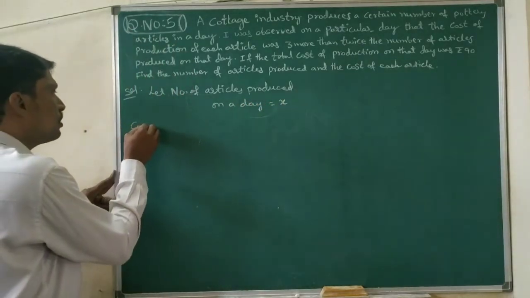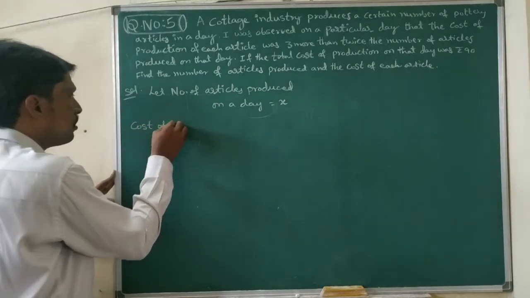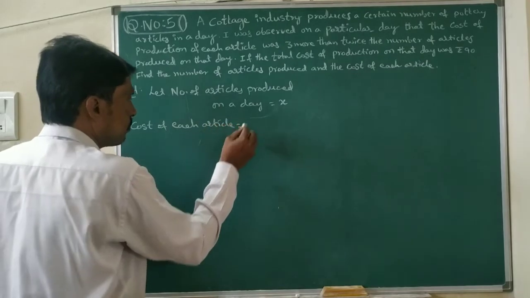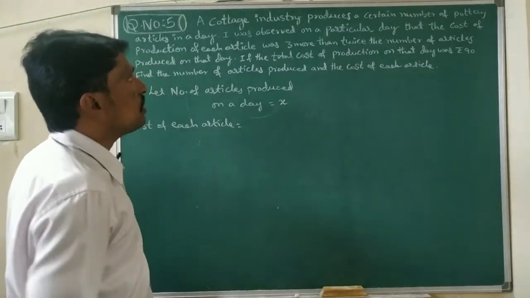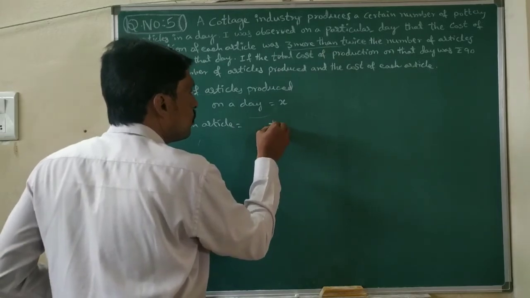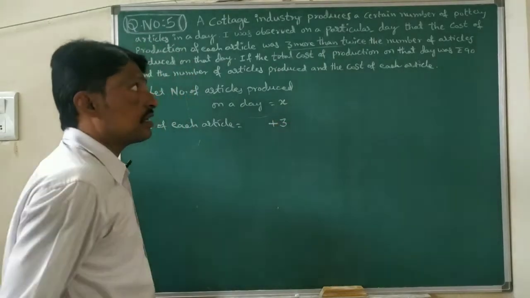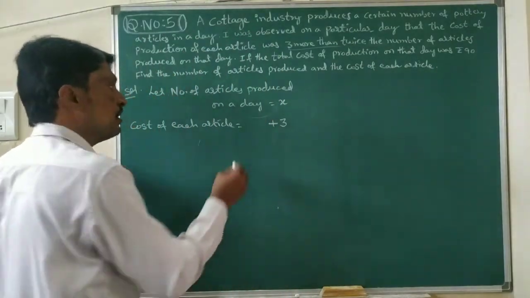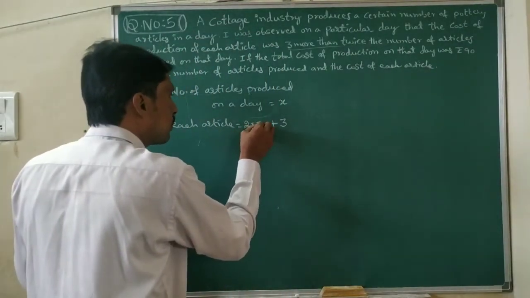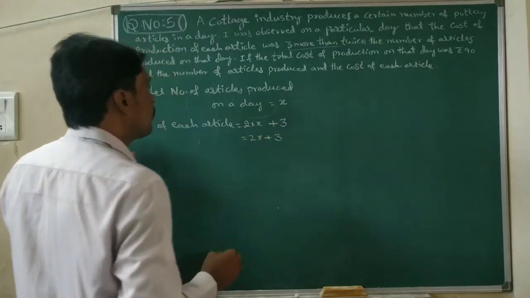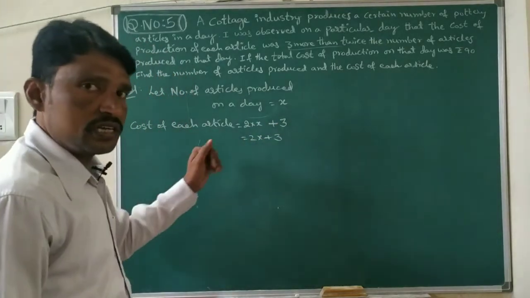Cost of each article equal to, so cost of each article, how is it there? 3 more than means plus 3 we need to take. Twice the number of articles. Twice means 2 we need to multiply, 2 into x, that equal 2x plus 3. This is the cost of each article.